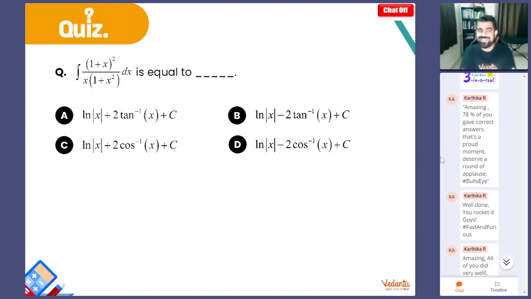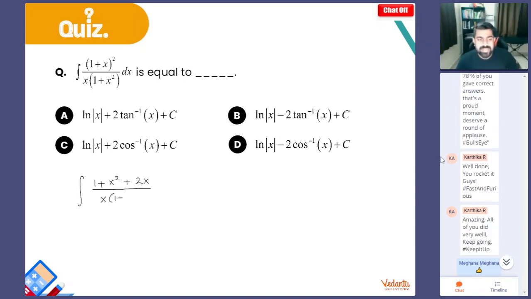Everybody done? Okay, so let's solve it. Let's solve the first step. So first step is open your numerator. Your numerator is going to be a square plus b square plus 2ab divided by x into 1 plus x square. Okay. Now, the way I'm going to separate it is, I'm going to club this first and then this.